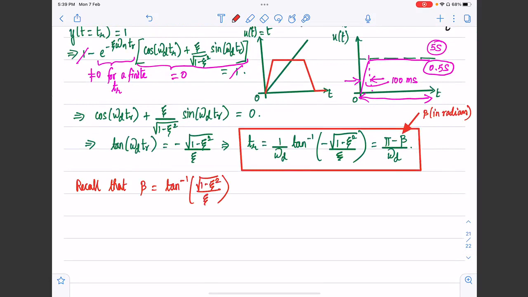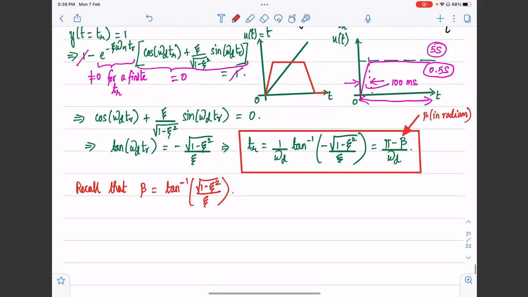And tan inverse of minus x is essentially pi minus tan inverse of x. So tan inverse of minus square root of 1 minus zeta squared by zeta, I can write as pi minus beta. That's how we got that expression. The main catch is that we should substitute beta in radians, not in degrees. I hope this derivation is clear.